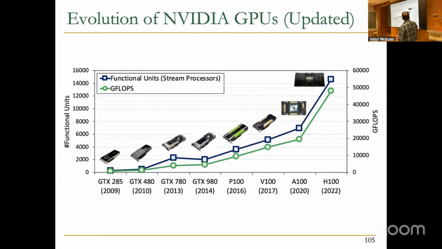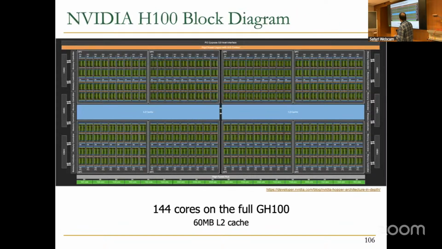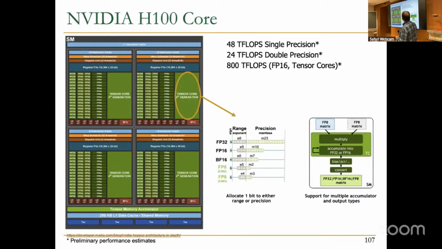Later on in 2022, we have the Hopper architecture that has 144 SMs on the full architecture and 60 megabytes of L2 cache. An interesting point about this architecture is that they added a lot of different precisions for data. Why is that? Because they realized that for many of these machine learning training workloads, we don't need 16-bit, 32-bit, or 64-bit data.